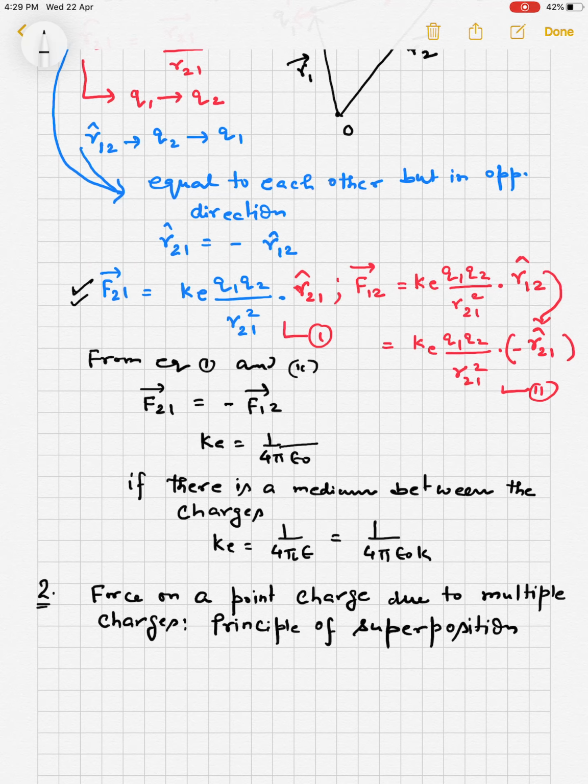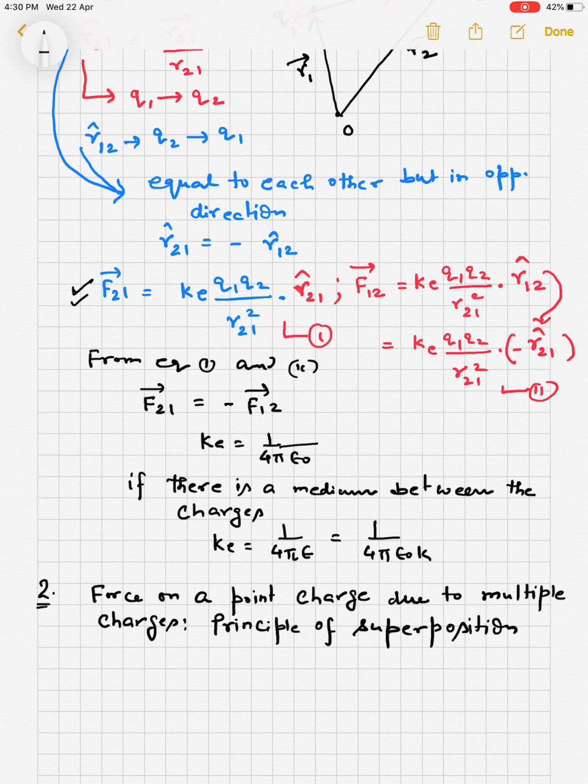So according to Coulomb's law, we can find the force between two charges. If there are only two charges, one charge exerts a force on another charge. Suppose there are a number of charges and we want to find the force on a particular charge, then we use the principle of superposition.